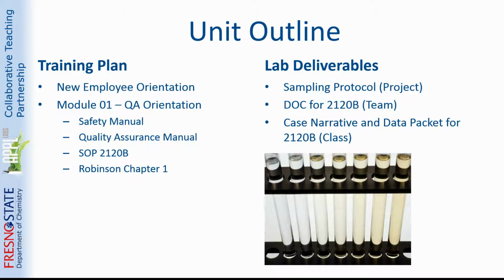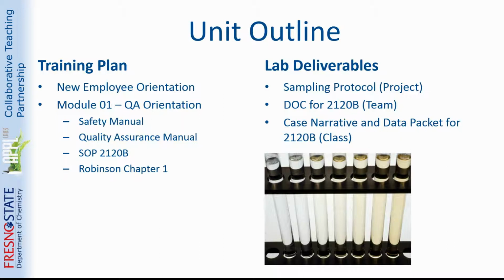That being said, we're going to turn in one analysis for 2120B on the samples that we take on our first sampling day, and for that result, instead of an ACS format report, in the environmental industry this will be our essential report format.